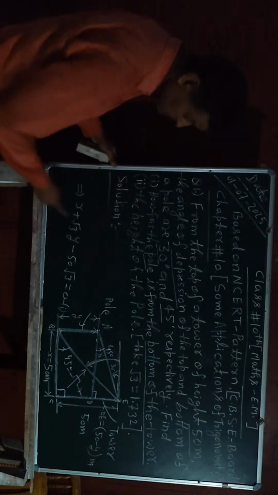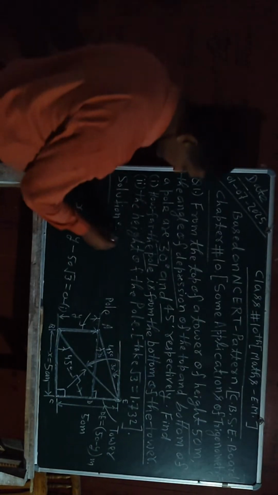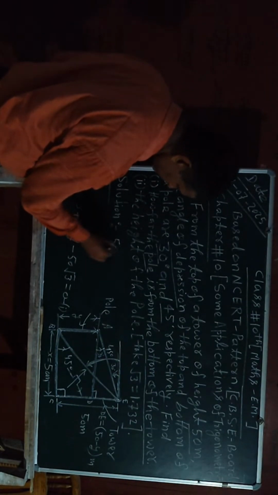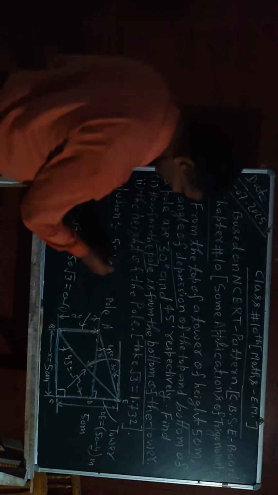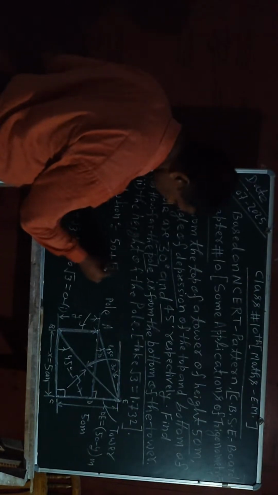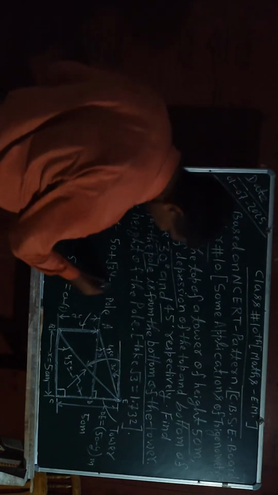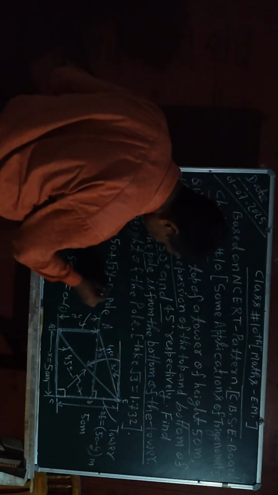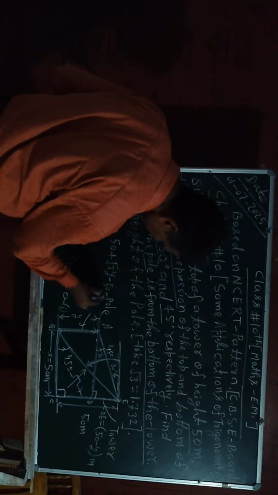Now that instruction I will use. In the place of x I have to put 50 meter, plus root 3 y, and here written minus 50 root 3, which is equal to 0.